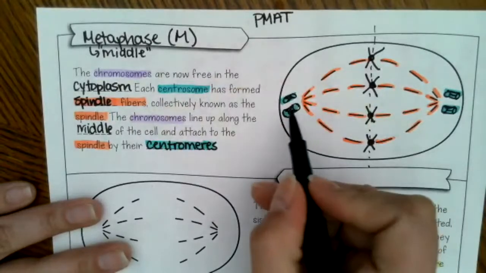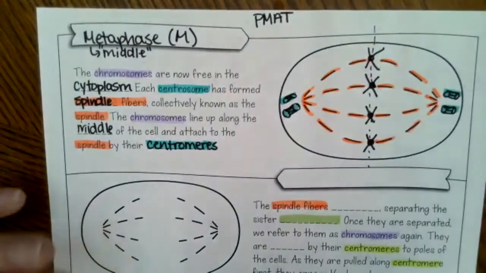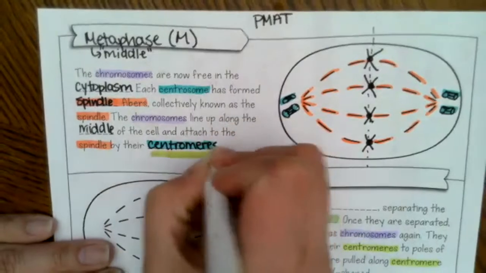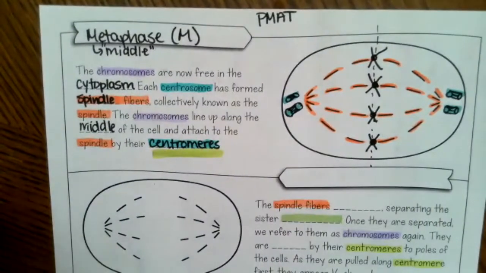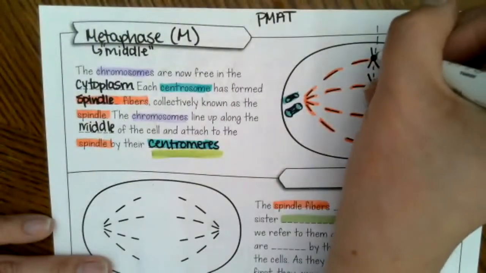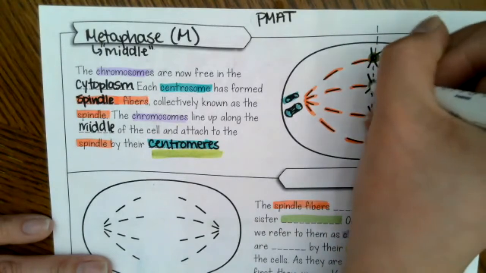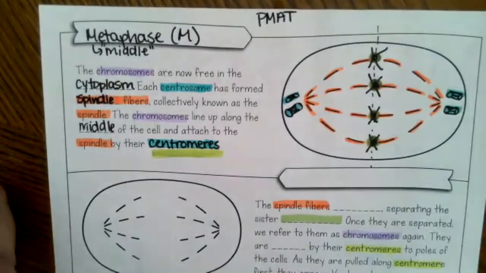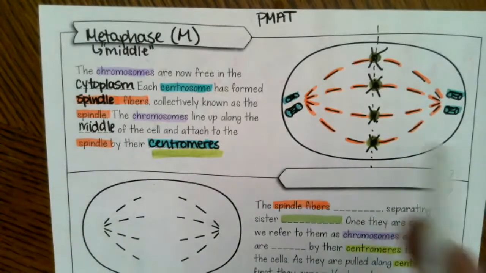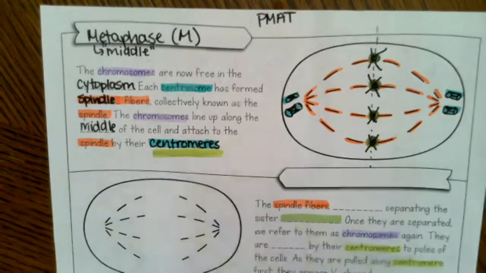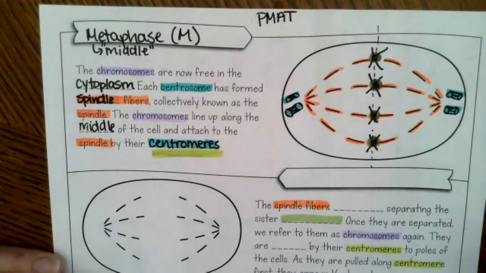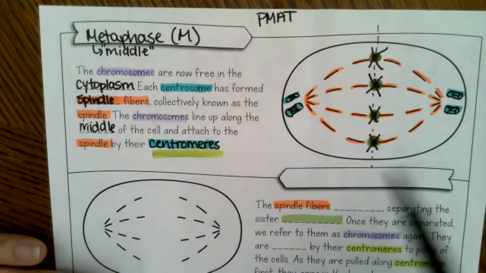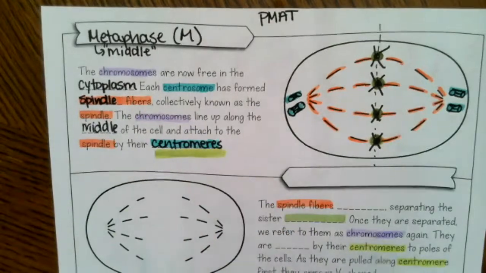All right, and those centromeres were those little, and I've clearly used the wrong color here, which is my bad, y'all. Should be this color, but those centromeres are what hold the little X's, those little buttons here, okay? So that's where those spindle fibers are attaching, so those little buttons in the middle. And again, that should have been that color. Alrighty, so this is going to conclude our metaphase phase.